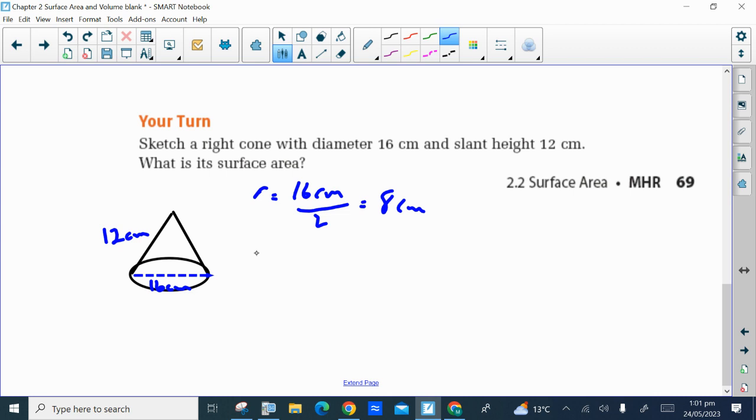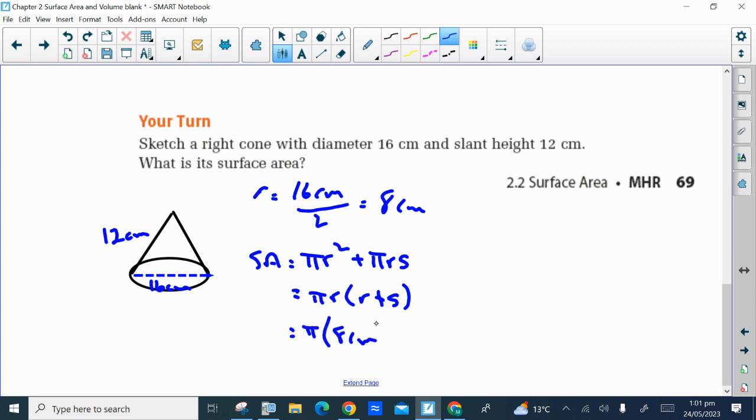And the formula for surface area of a cone, right from the formula sheet, is pi r squared plus pi rs. We also, at the start of the lesson, talked about a factored form, which is a little easier to work with. You can take out a common factor of pi r out of that expression. That's your first factor, your common factor. Your other factor is r plus s. So it'll be pi times the radius of 8 centimeters times r, which is 8, plus s, the slant height, which is 12 centimeters.